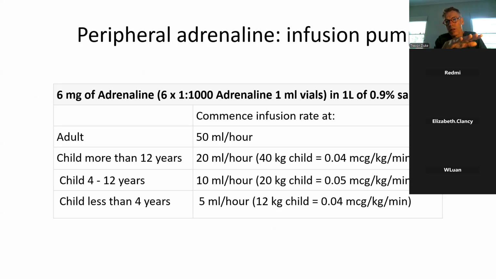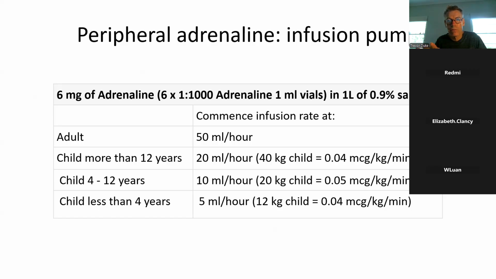And so there is a threshold above which, if you give too high doses, all you'll do is cause the heart to require more oxygen to pump adequately. So low dose is fine. Higher doses I'm wary of, much higher than 0.1 or 0.15 micrograms per kilogram per minute, and then you're really causing the heart often to do more work. Sometimes we have to in the early stages, but usually this low dose adrenaline will be quite good.